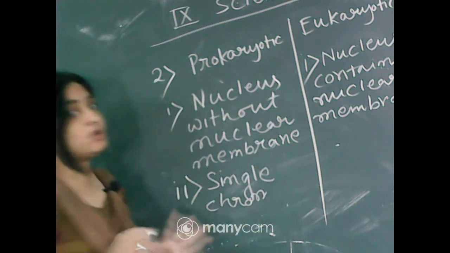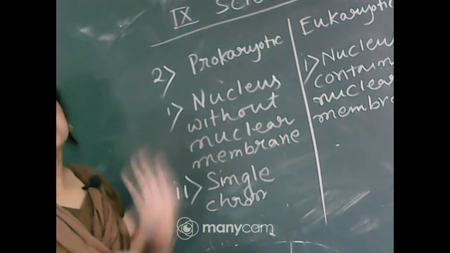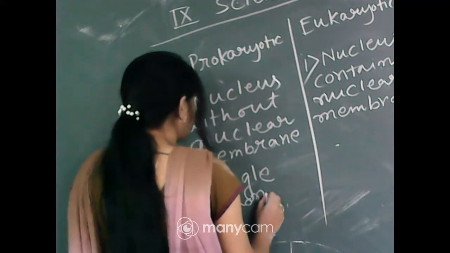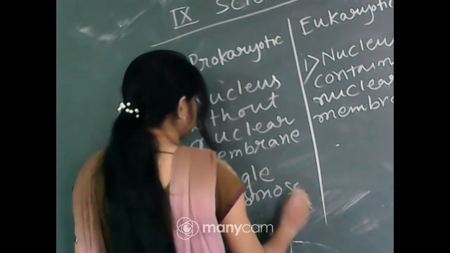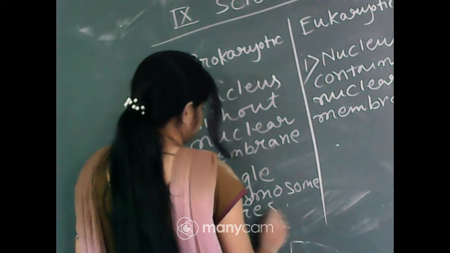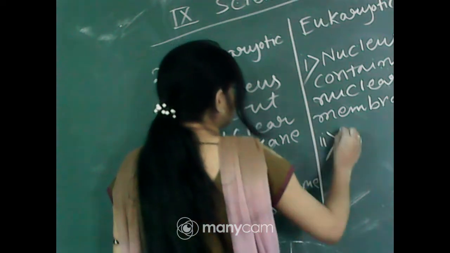No nucleolus is present, that is called nucleoid, and eukaryotes contain nucleolus and more than one chromosome. Okay, single chromosome present, more than one chromosome present.